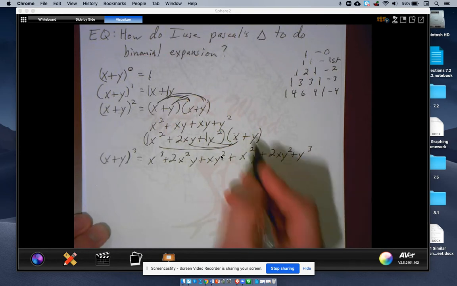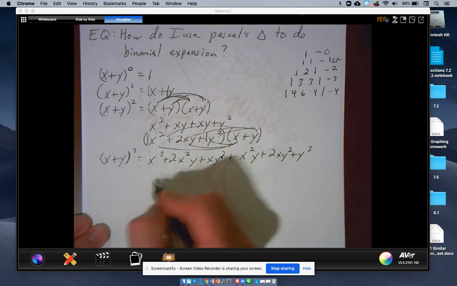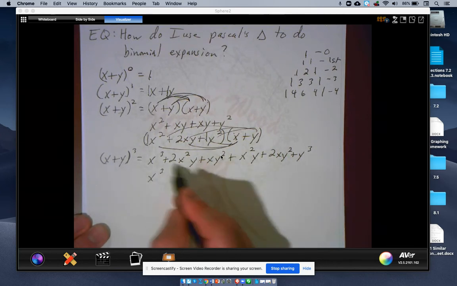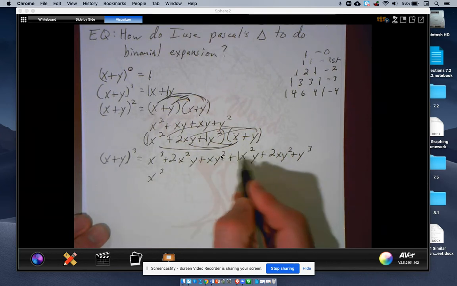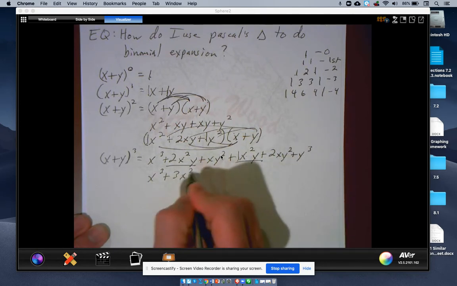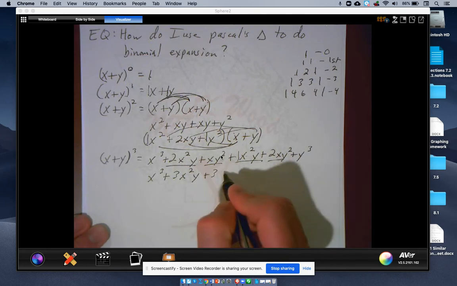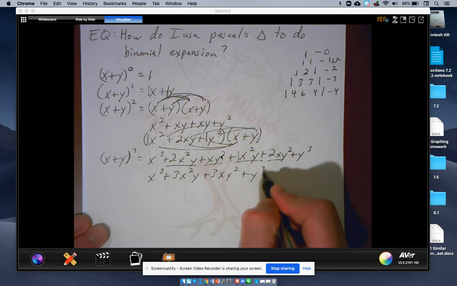All right, so I took that y now, multiplied it by everything. I'm going to combine the like terms, x cubed, get 2x squared y, and 1x squared y. I'm going to put those two together and get plus 3x squared y. Put xy squared and 2xy squared plus 3xy squared. Put those two together, plus y cubed.